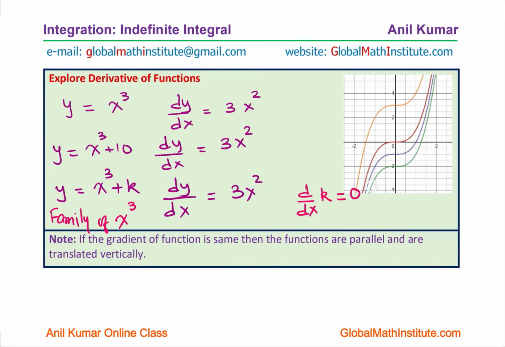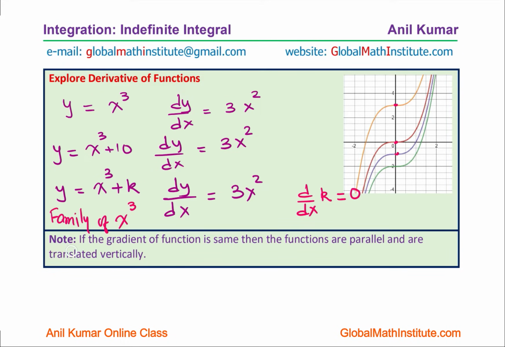So this is your cubic function shown on the right hand side. So this function is the base, the parent function, where the constant k is 0. And here the constant k has a value of 3, and in this case it has a negative value, -1, right? That is -1. But you see, all these graphs are very similar.